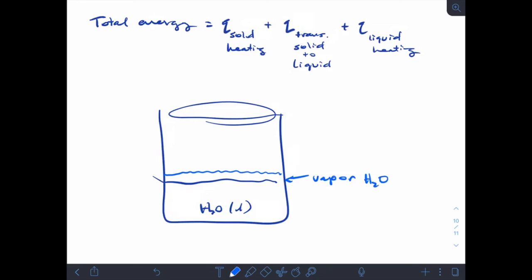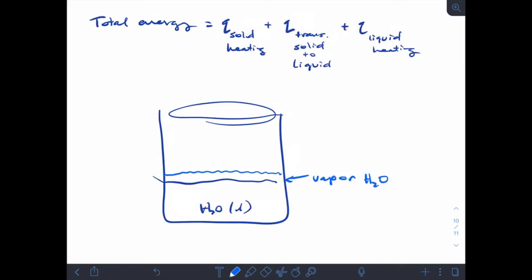Okay, because the molecules at the very top of the surface are able to have enough energy to transition between liquid and gas, liquid and gas, liquid and gas. They just keep going back and forth. And so you have this layer of vapor on top of every liquid, right? You just can't really perceive it most of the time.